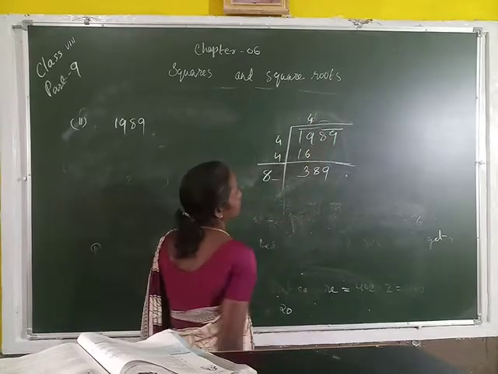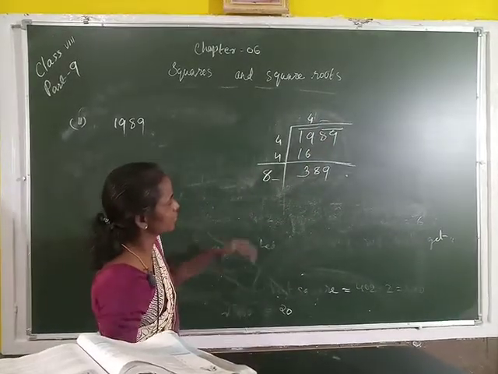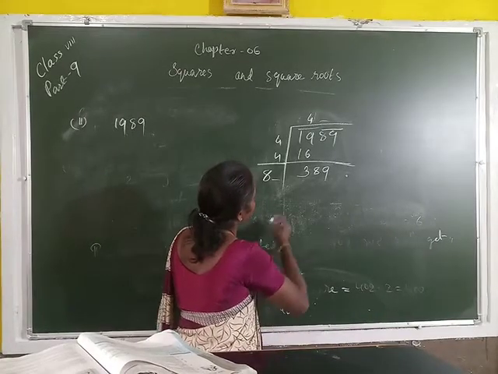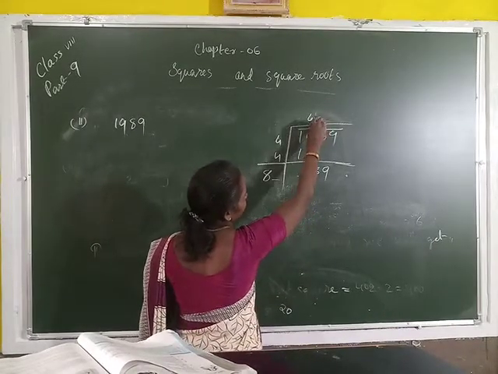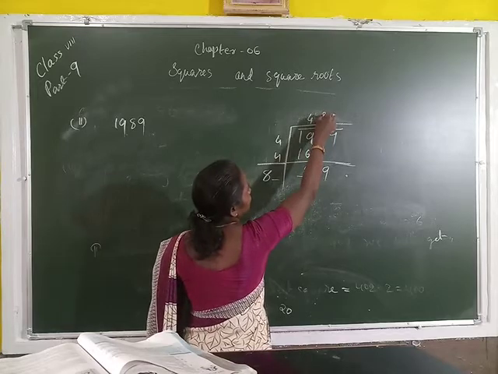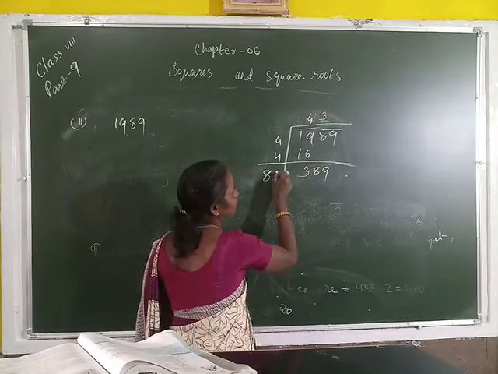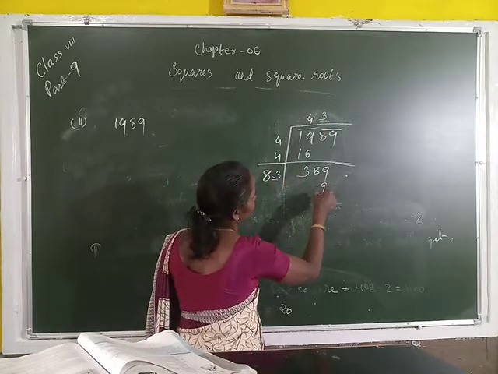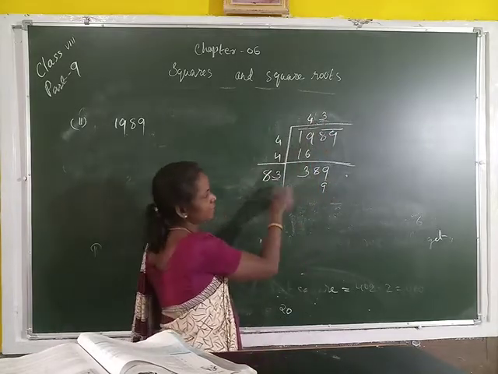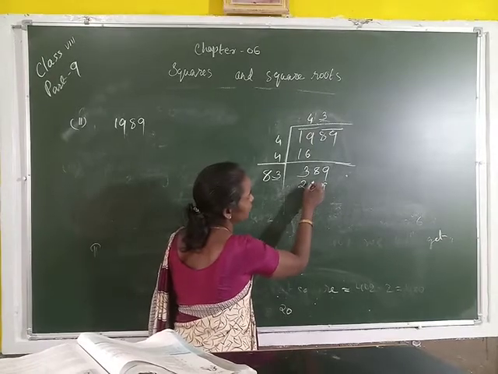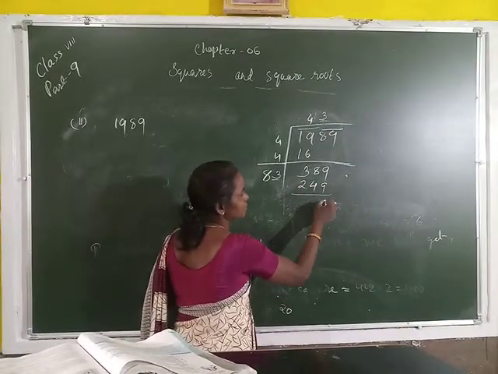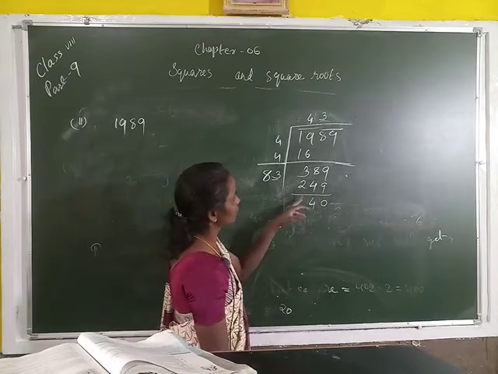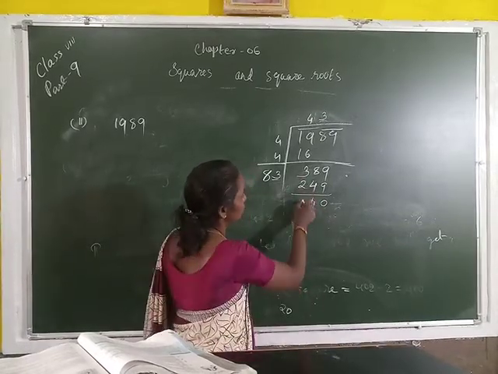Then which number can we write as the quotient? About we can write 3. Look, 3 3s are 9. 3 8s are 24. Look, 0 4 and 1.